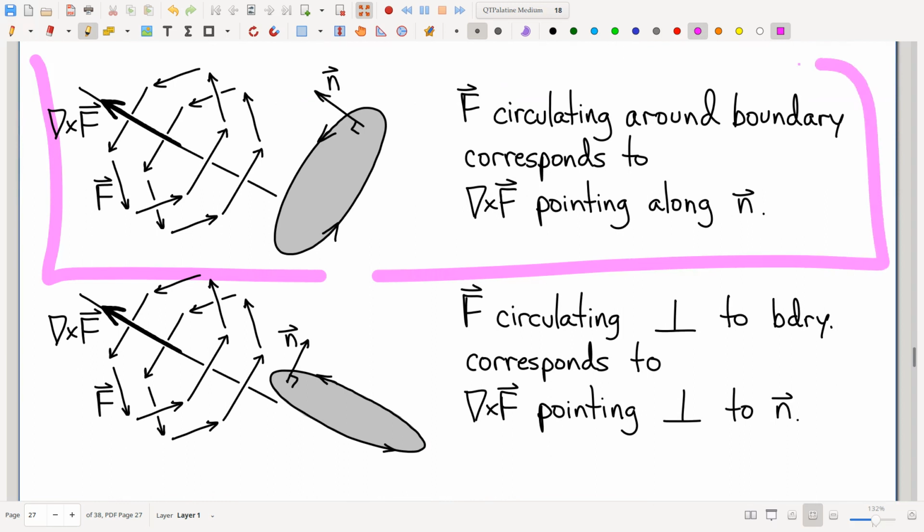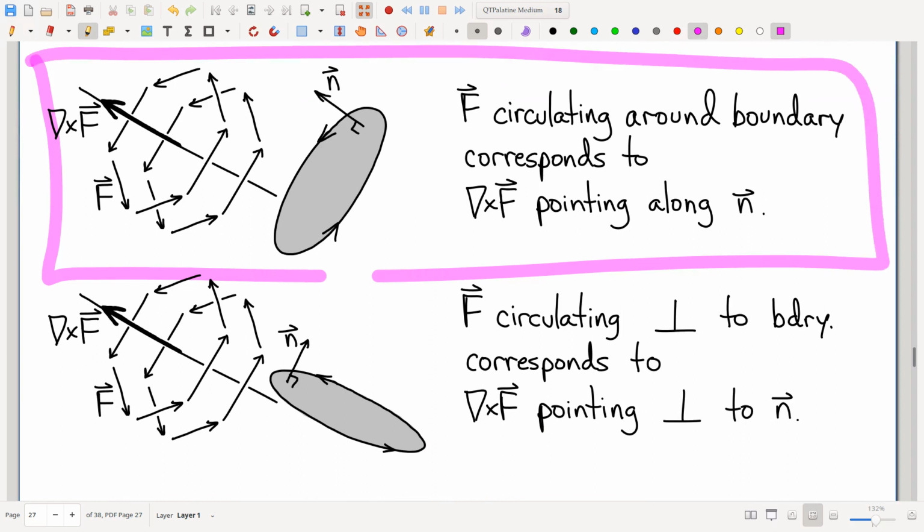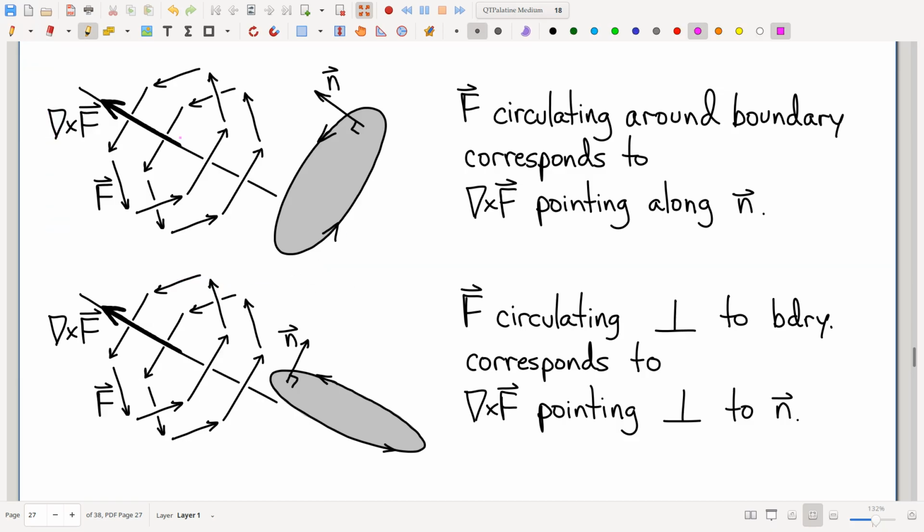Let's look at a couple of scenarios, starting with this first one. If our curl is like so, well, our rotation is going to be kind of like that. That's how the fluid is rotating. And let's look at our little piece of surface here.